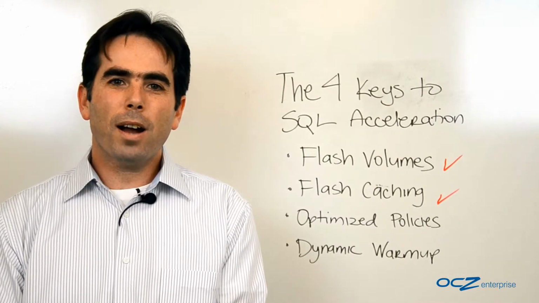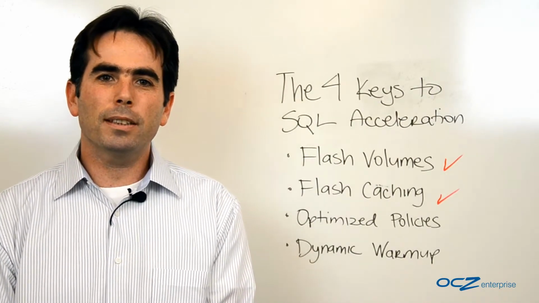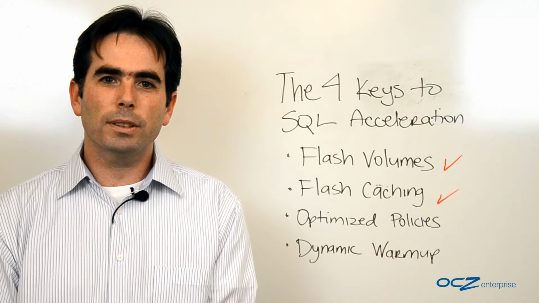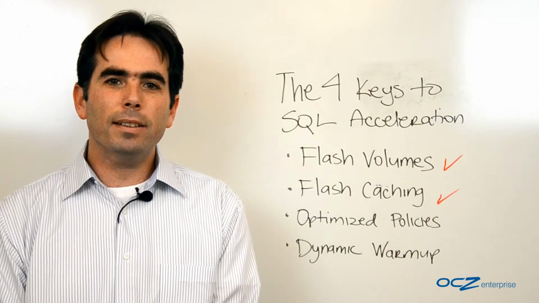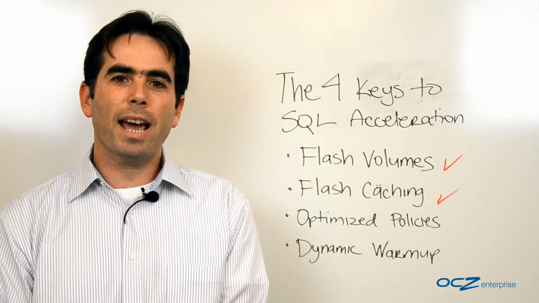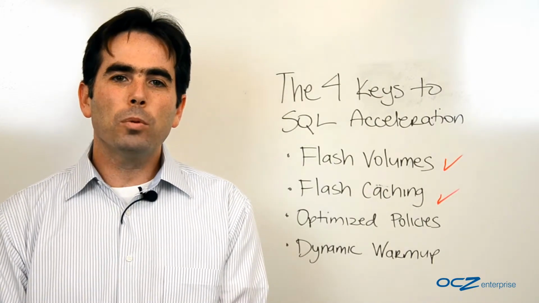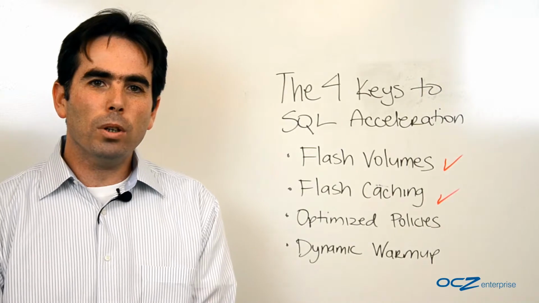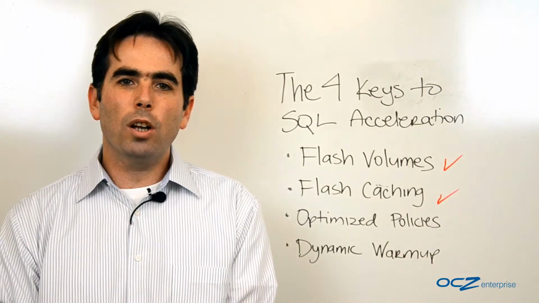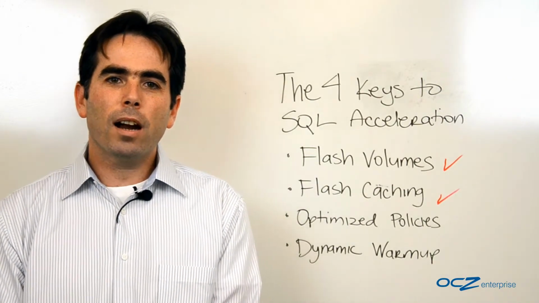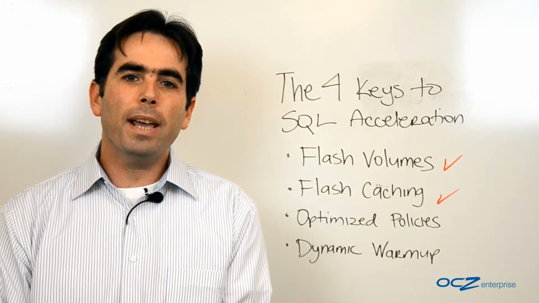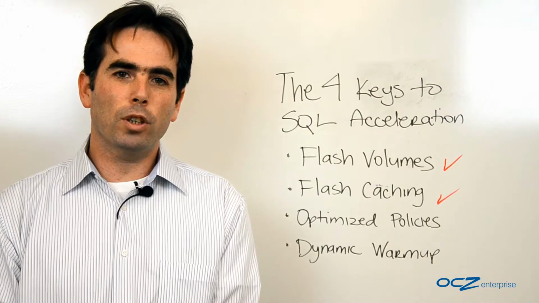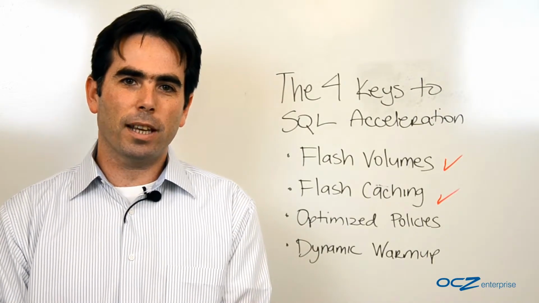The two other items on the list of things that are key to accelerating SQL Server are those items that make sure that the right data is on the flash at the right time. When you examine SQL loads, not all of these loads are identical. There are transactional loads and there are analysis loads, which behave really differently in terms of the way they access their data.